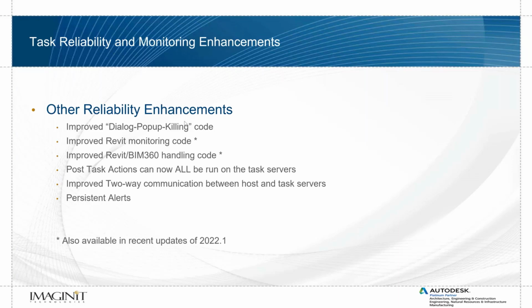As a result, there were some oddities where the files might exist or be available on the task server, might not be available on the host server, and that would cause problems, and it wouldn't be clear as to why. So we've changed things up going forward so that post-task actions can now all be run on the task servers. That's something that people are opted into by default, and you actually have to opt out of if you don't want that behavior.